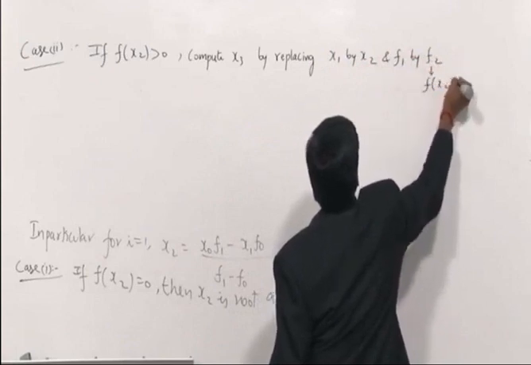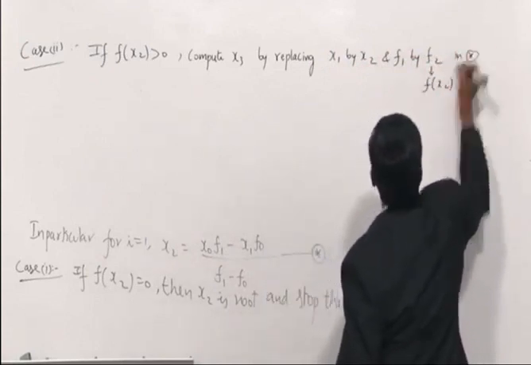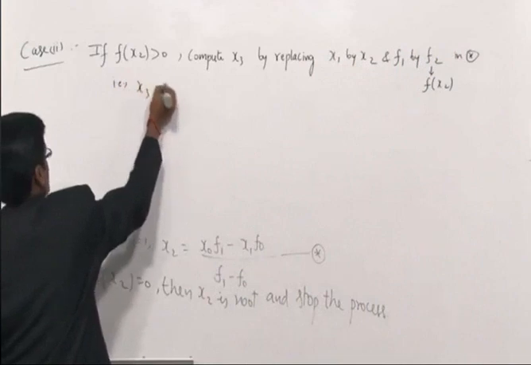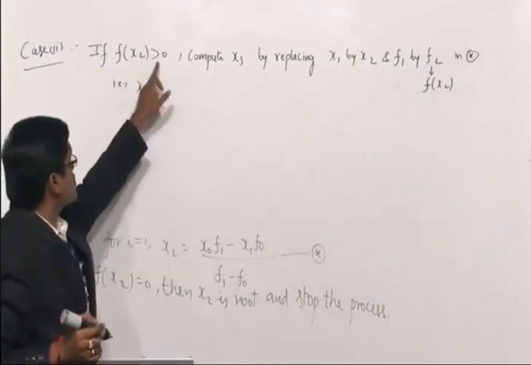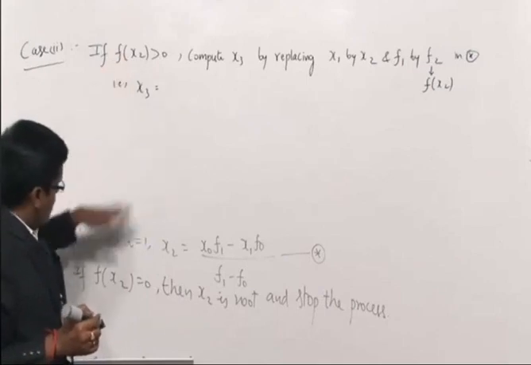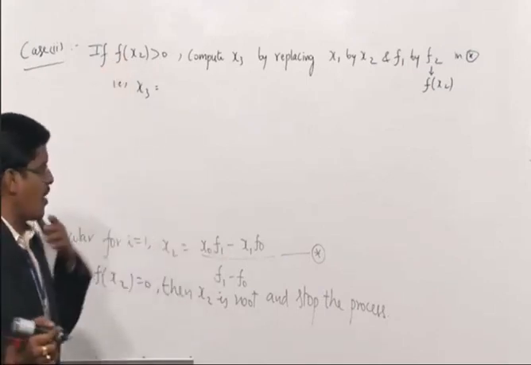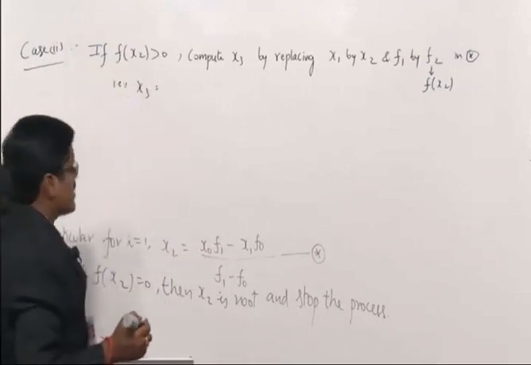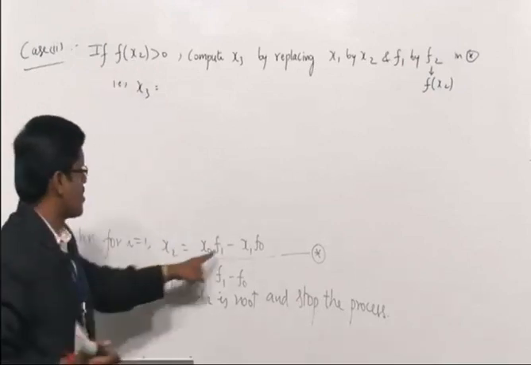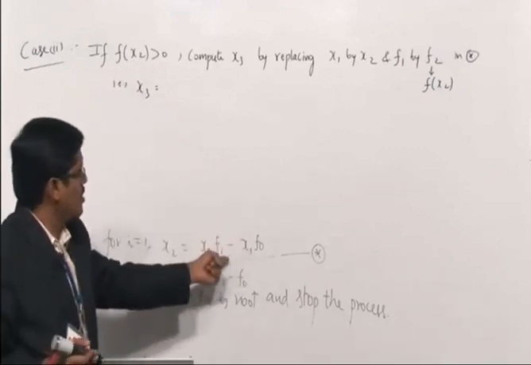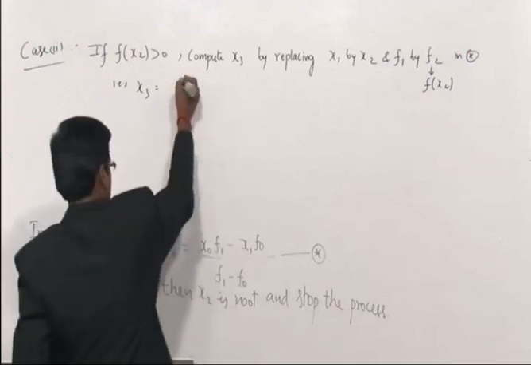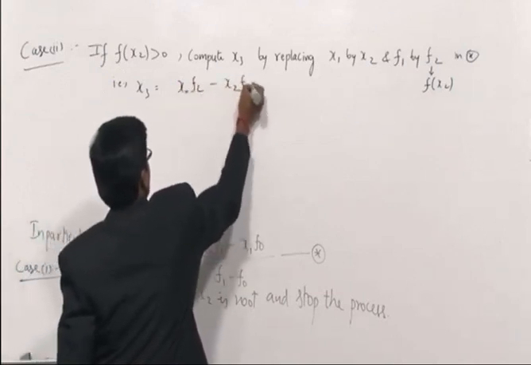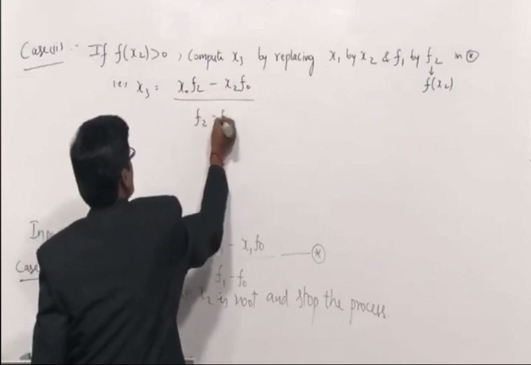F of x2. f1 I already gave in star. That is, x3 is equal to, in star, because f(x2) greater than 0, and previously one of the function values was less than 0, where we got f of x0 less than 0. That means in the second case the required root lies between x0 and x2. So that's why in this star f1 is replaced by f2 and x1 replaced by x2. So now x3 = (x0 f2 - x2 f0) / (f2 - f0).